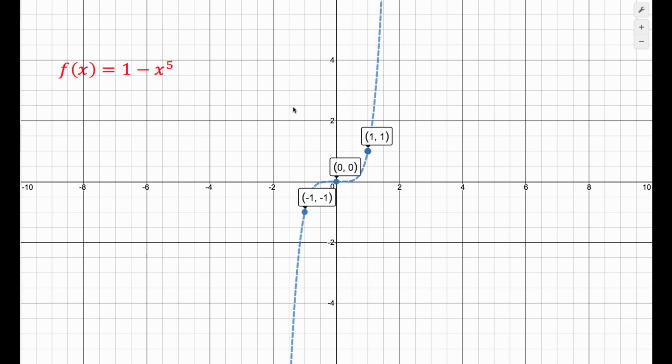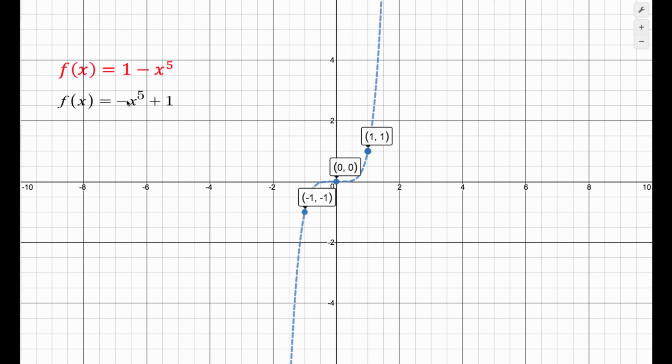The first transformation we're going to do is dealing with this negative. Before we do this, we want to rewrite this as f of x equals negative x to the fifth plus 1, because that way we're going to be able to see the transformations happening here a little better. So what does this negative do to our graph?